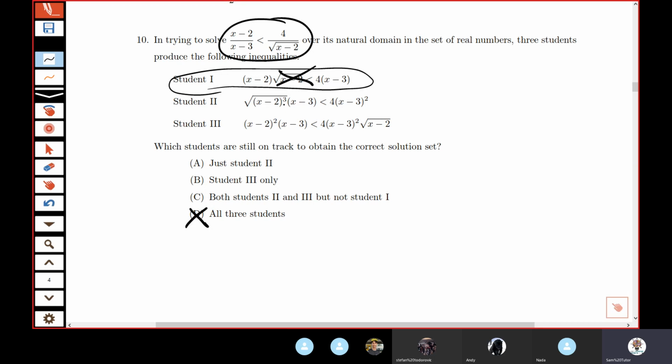Oh no, that hasn't been cubed, that's multiplied together. As long as you're squaring. All right, student 2, double I, is definitely correct. So I know definitely B is wrong. Double I is correct. Why?